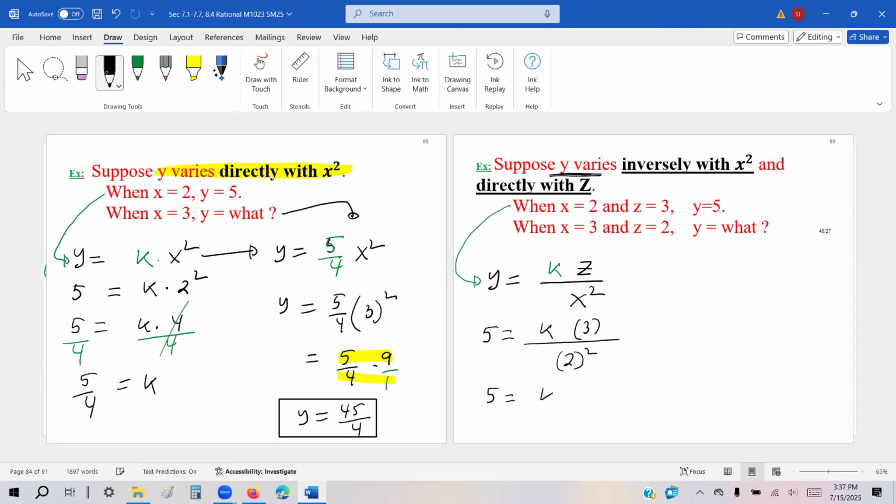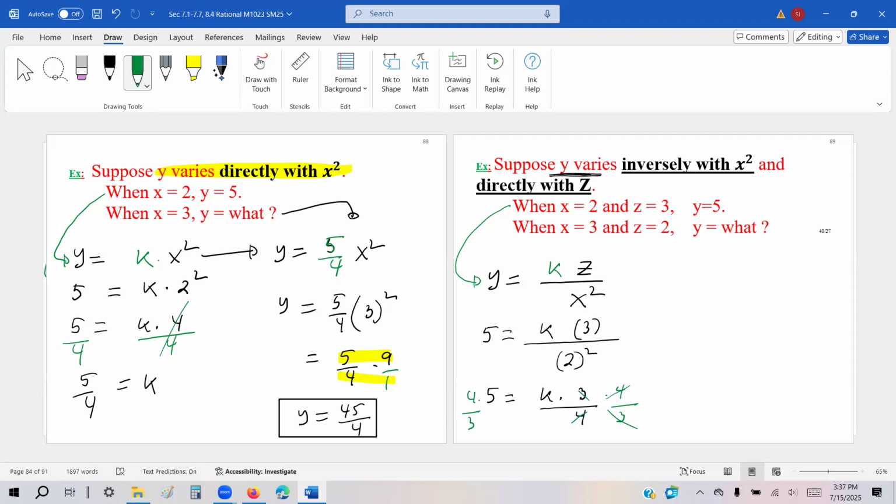So 5 times 3/4. Eliza. Multiply by 4, definitely. So the 4 cancels out. And how can you get rid of the 3? Divide by 3. So that 3 cancels out.